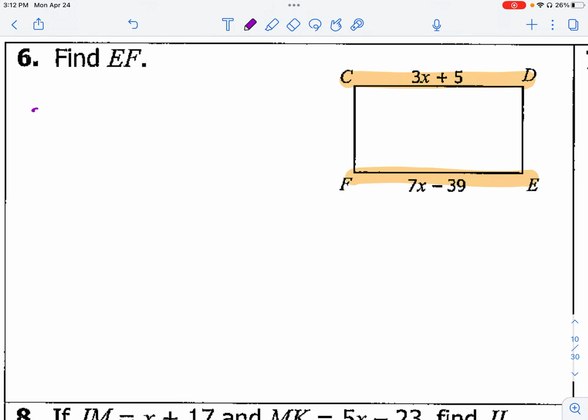All right, let's keep working on rectangles. Since we know that rectangles are parallelograms, we know that these two sides are going to be congruent. So we're going to set them equal and solve.